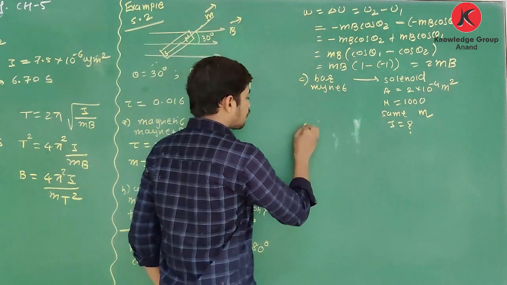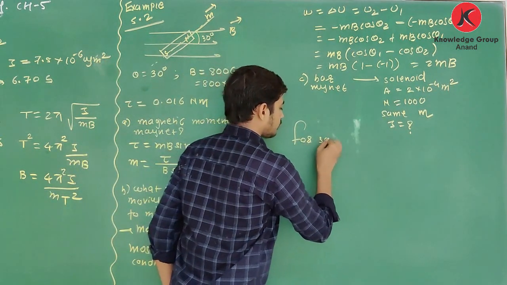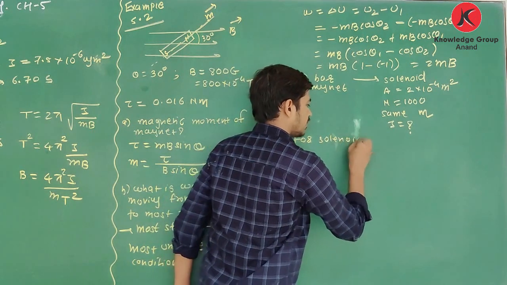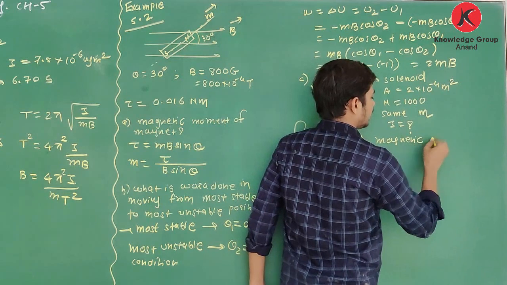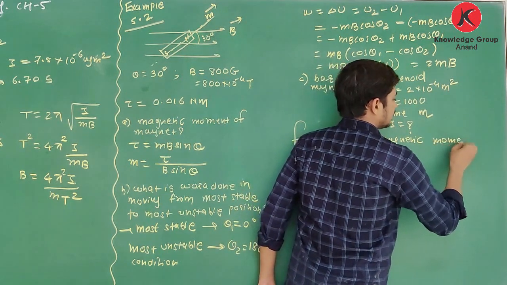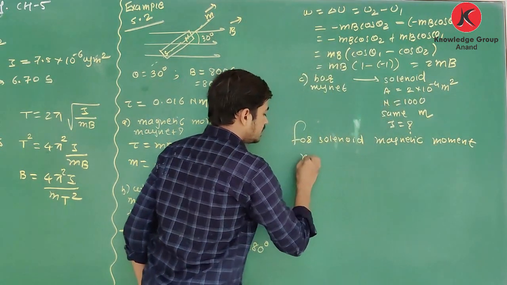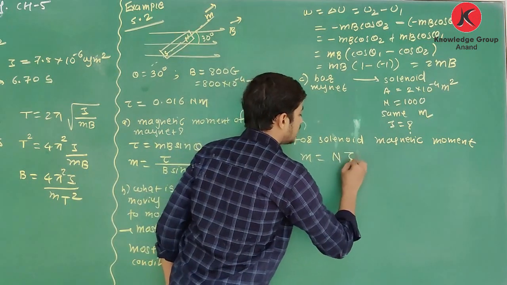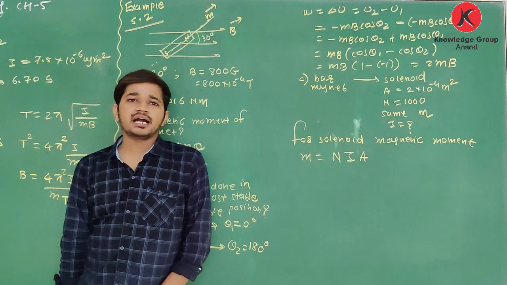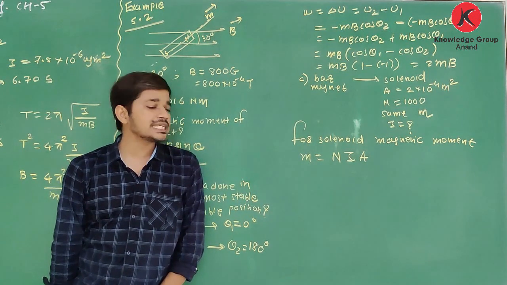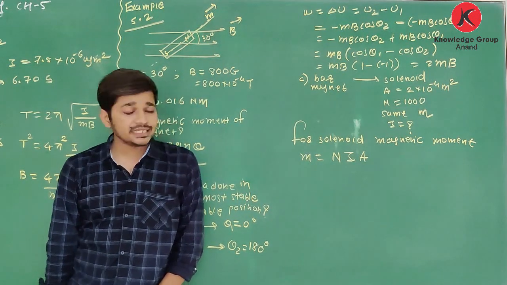We know that for a solenoid, how to write the magnetic moment? Its equation is M = NIA, where N is the number of turns, I is the current, and A is the area.